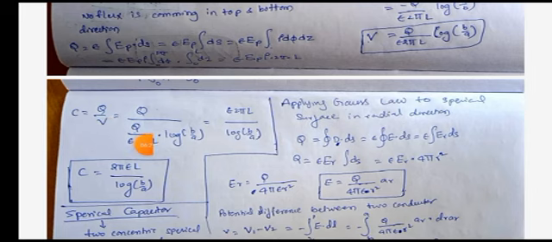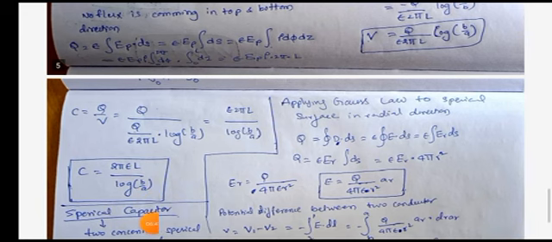So V is Q by epsilon into 2 pi L into log of b by a. Finally C equal to 2 pi epsilon L by log of b by a. So this is about the capacitance of the coaxial capacitor.